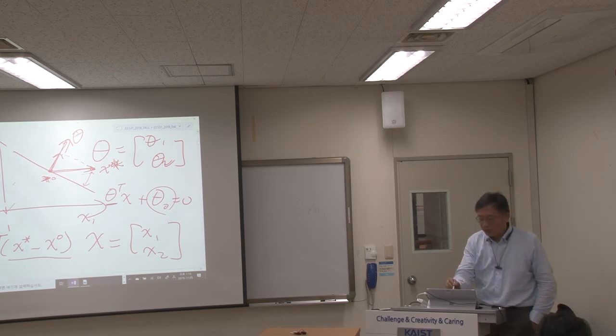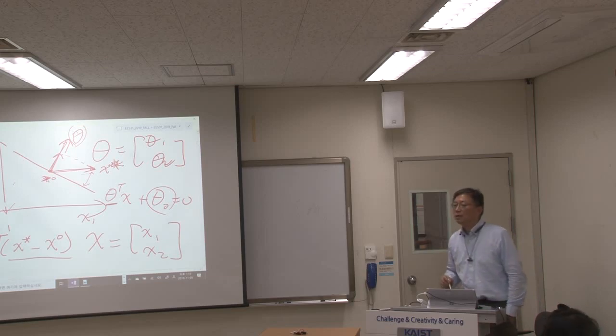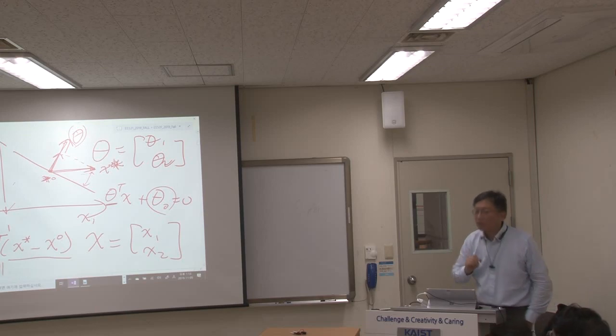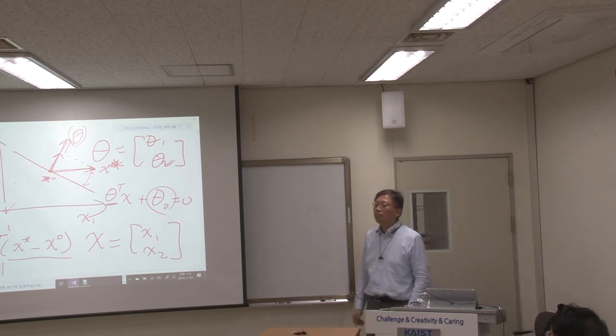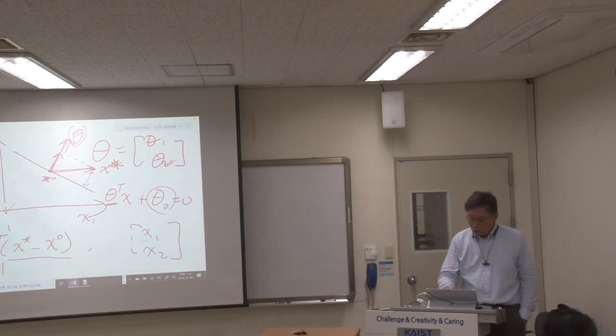And I don't know whether this is a unit vector or not, right? So what I do is I divide this thing by theta like that. That will give me the distance. Now let's try to manipulate this just a little bit.